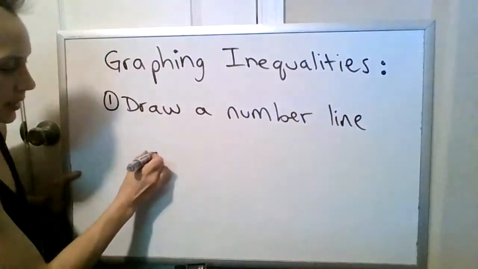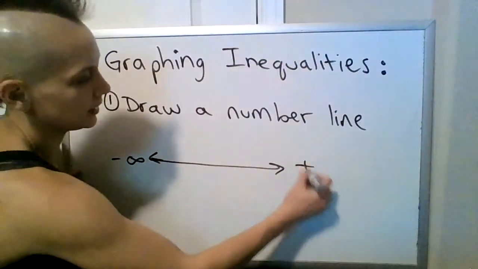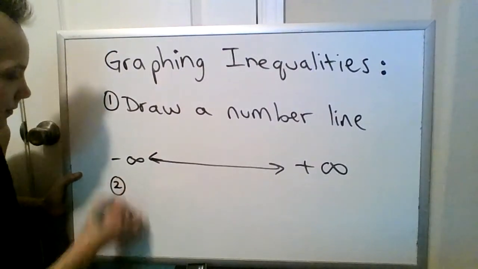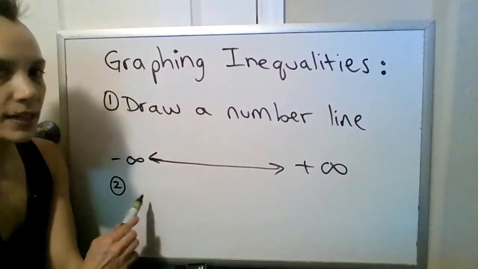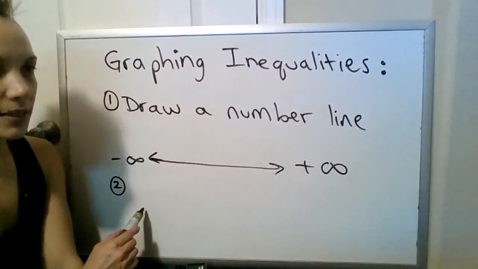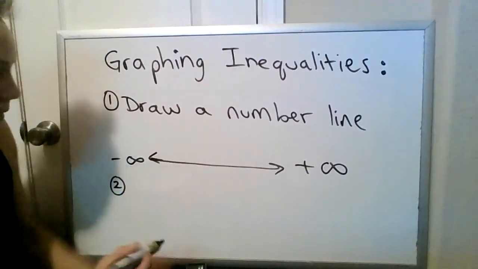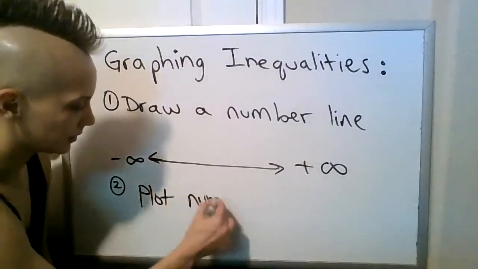And the numbers go towards negative infinity on this side and over to positive infinity on the other. Then from the inequality, plot numbers on the number line.